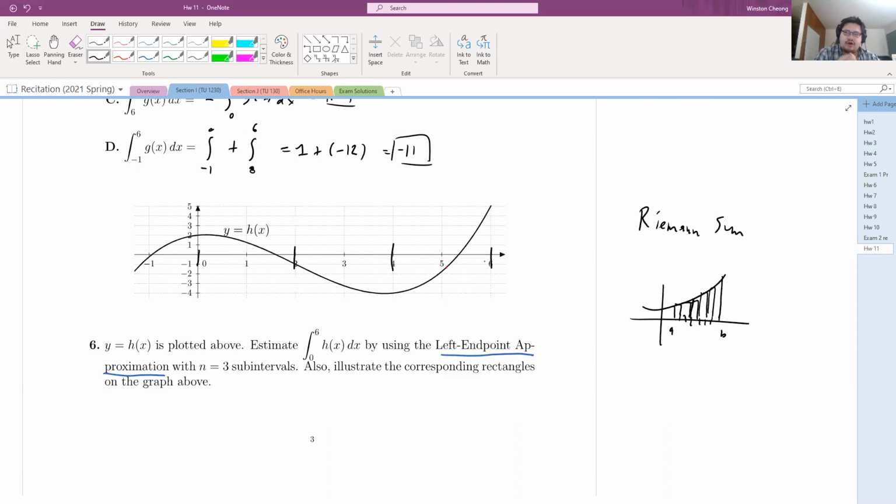Left endpoint means that we want to match on the left endpoint of the interval. So, for example, for the subinterval from 2 to 4, the height that we assign this rectangle is going to be the value of the function at 2, which is namely here. So we would get this rectangle for this subinterval. If instead we were using the right endpoint, we would make the height of this subinterval match the value at 4 instead.